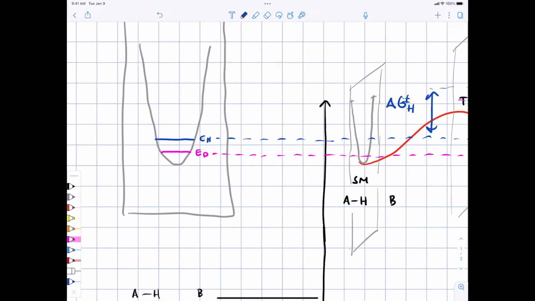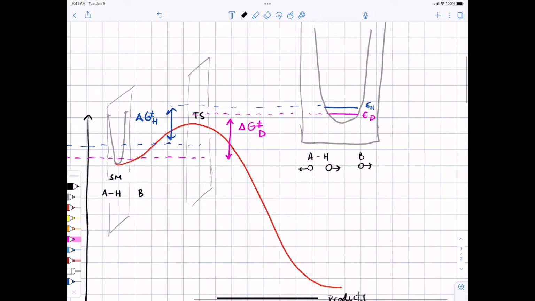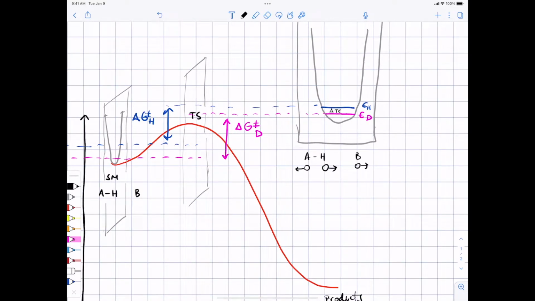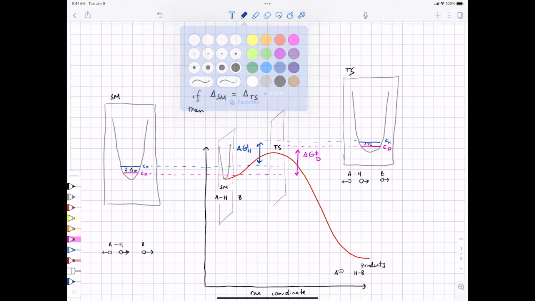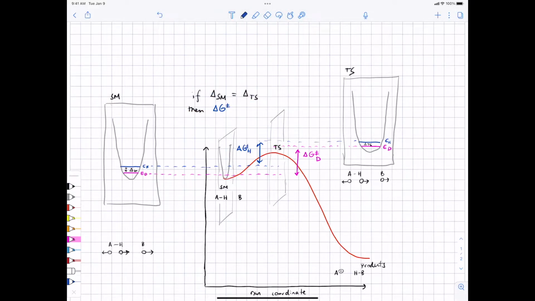Now, if this energy difference here, which we'll call delta starting material, and this energy difference over here, which we'll call delta transition state, what I want you to reason through is that if the difference for the starting material is the same as the difference for the transition state, then it has to be true that the energy of activation for hydrogen is equal to the energy of activation for deuterium. You see that? Yep. Okay.